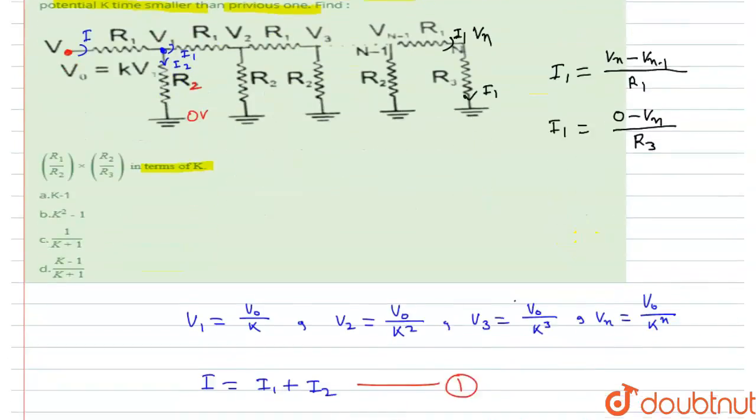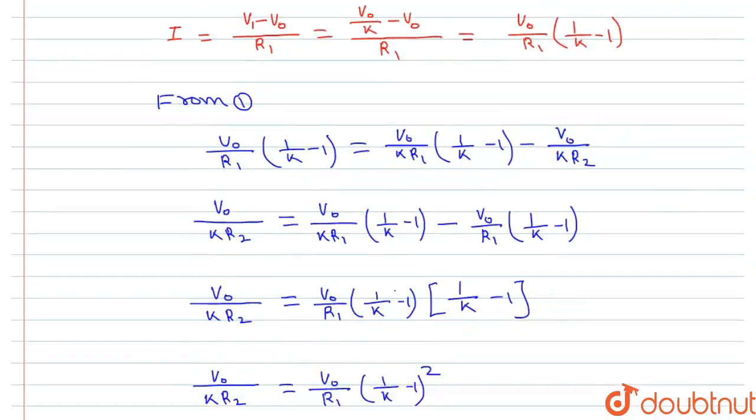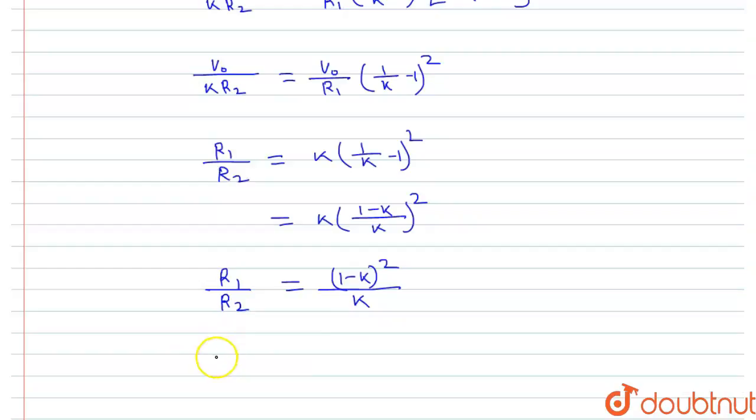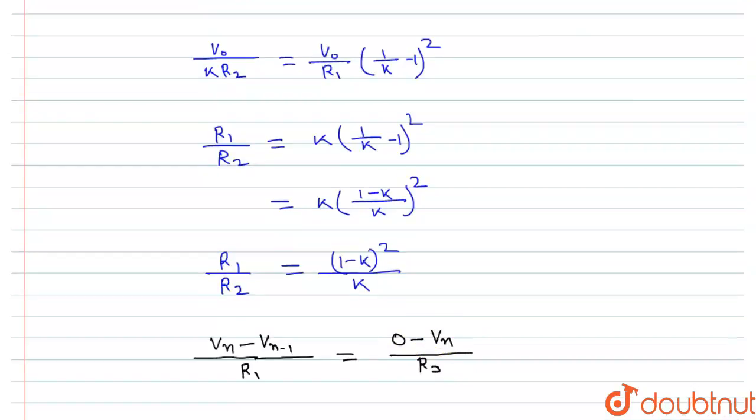So from here this I1 is equal to (Vn minus 1) divided by R1 is equal to 0 minus Vn divided by R3.